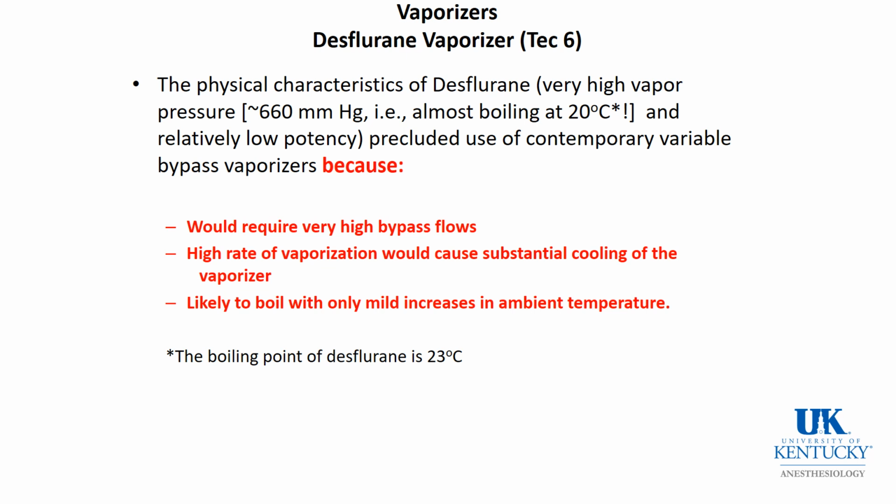Now, because of the characteristics of desflurane, they could not use conventional Tec vaporizers that we've just described. This is because they would have to have very high bypass flows, and the high rate of vaporization would cause substantial cooling, and likely it would boil when the ambient temperature was very high.